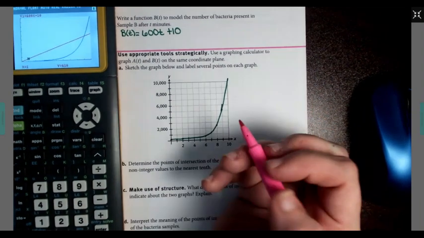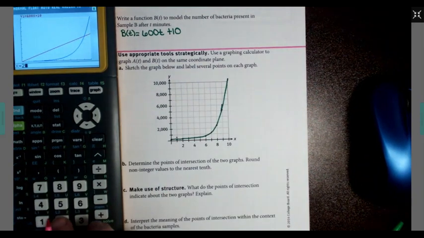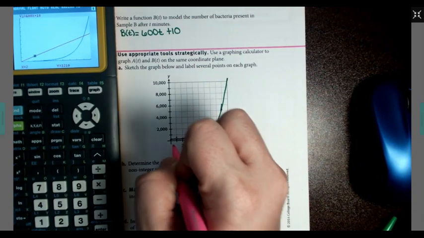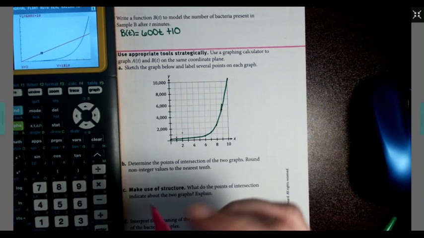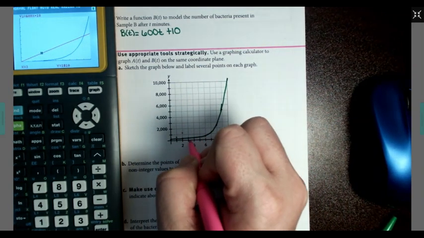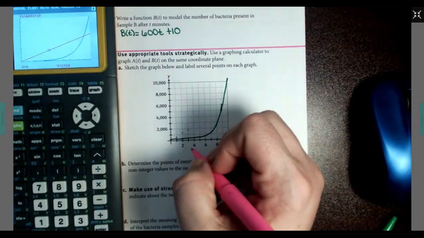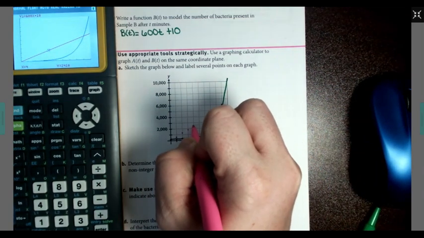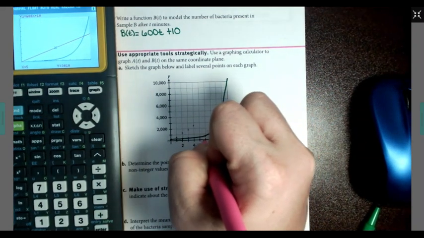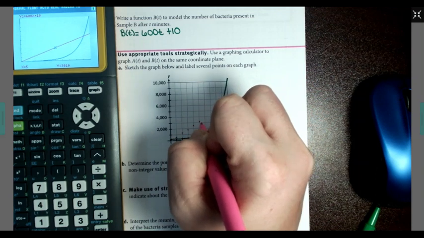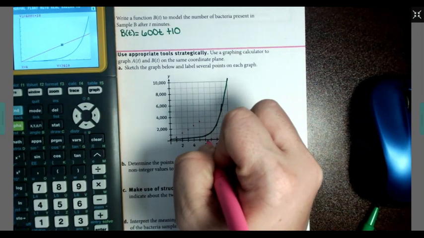At 1, it's going to be at 610. At 2, it's at 1210. At 3, it's at 1810. At 4, we're at 2410. At 5, we're at 3010. At 6, we're at 3610.